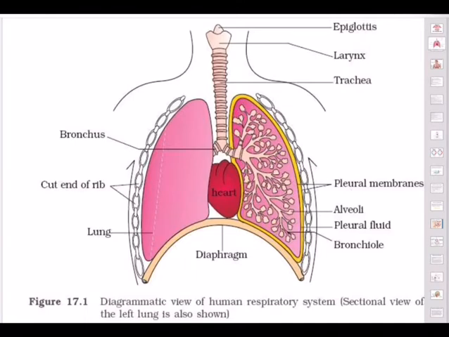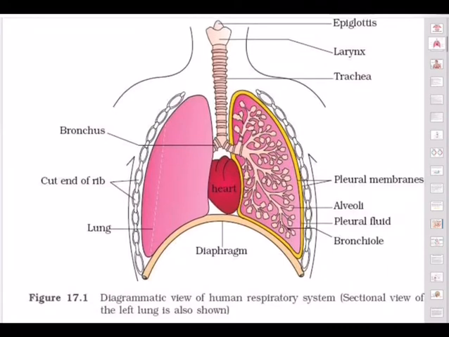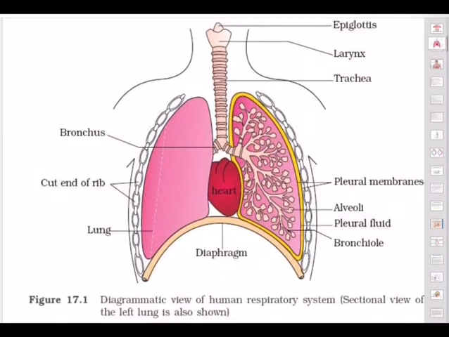Chapter number 16, digestion and absorption, is removed. Chapter number 20, locomotion and movement, is removed. Chapter number 21, neural control and coordination, is removed. So 7 were there, 3 removed, 4 remain, and the marks weightage is 17. That means almost 4 marks on average in each chapter.